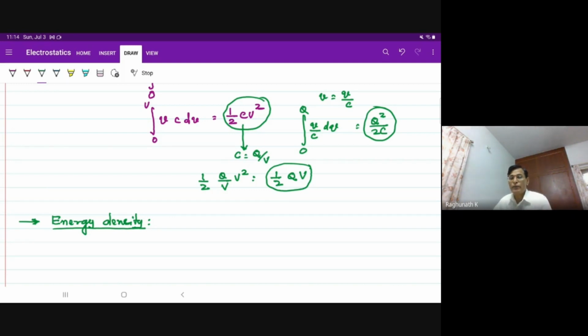We saw the energy stored in the capacitor, derived the expression for it, but we saw the energy stored in the capacitor as the potential energy stored in the deformed atoms present in the dielectric region.